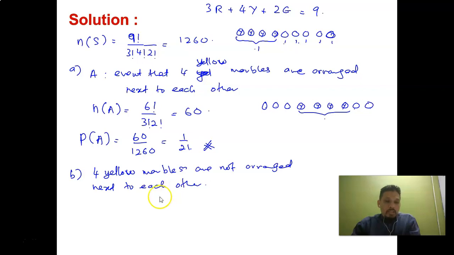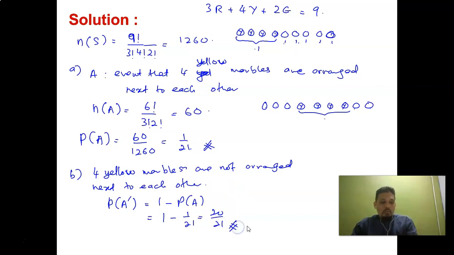Okay, so that means that the complement of event A, where the arrangement has 4 yellow marbles next to each other. So the complement is equal to 1 minus probability of A. So then it is 1 minus 1 over 21, that is equal to 20 over 21.